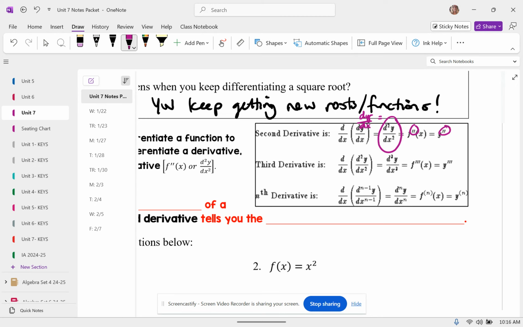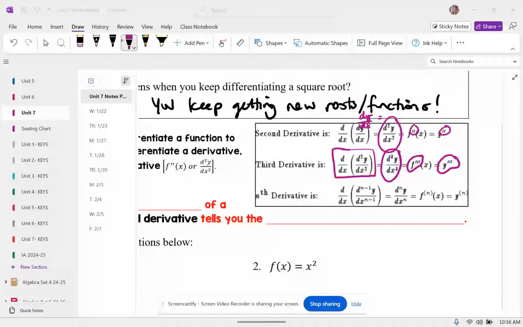You could also see two little prime tick marks up there, or you can see two tick marks after the y. So the third derivative would have similar notation. You take the derivative of the second derivative, and you end up with d to the third y over dx cubed, and that would be equal to f with 3 tick marks and y with 3 tick marks, okay? And then the nth derivative, aka anything past 3, instead of using tick marks, you're just going to have the derivative number here.